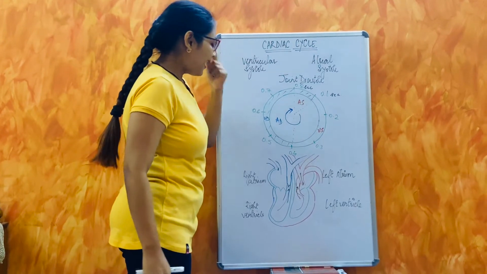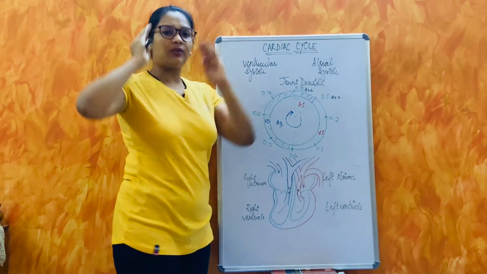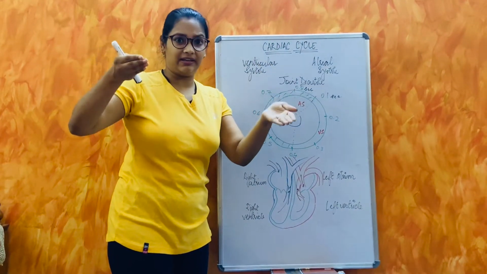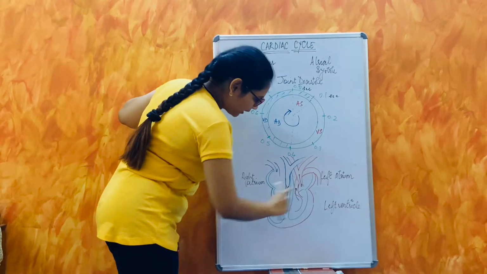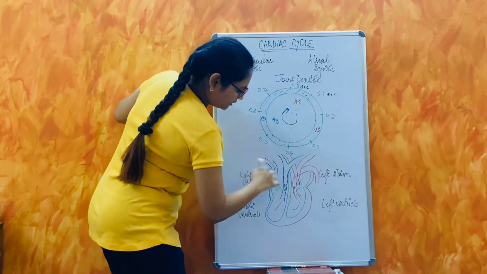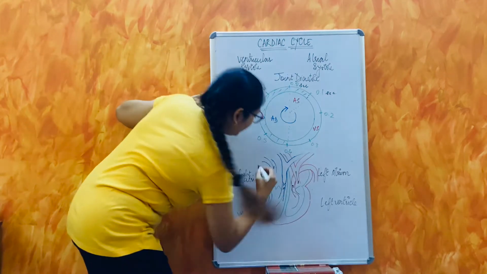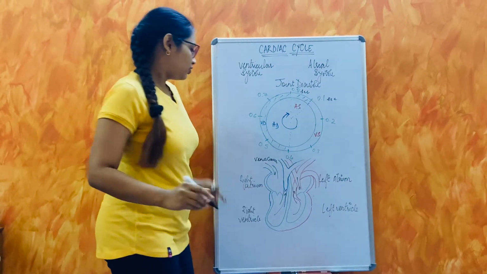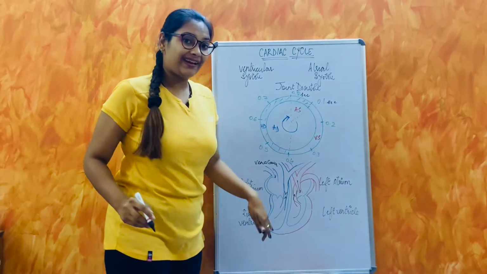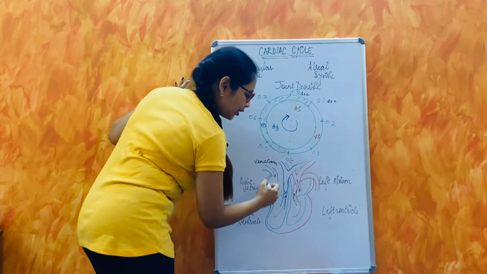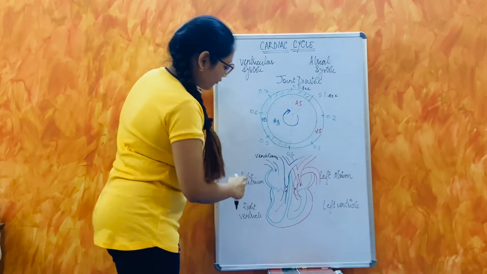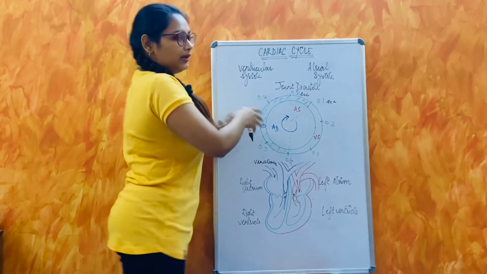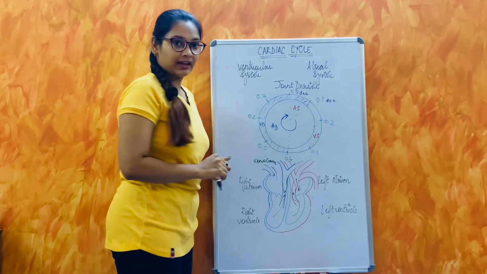First of all, you have to understand what is coming into the atrium. The vessel which brings in the blood from the body is the vena cava. Into the right atrium, the deoxygenated blood from the whole body is poured through the vena cava.